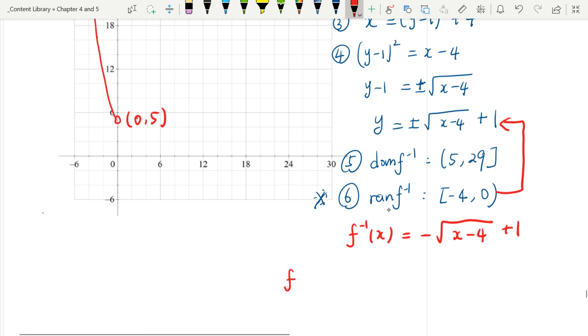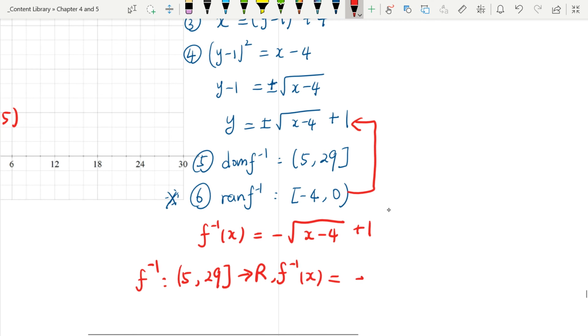So if you put it in function notation, f inverse x, domain is [5, 29], mapping to R, f inverse x is minus square root of (x minus 4) plus 1. I hope when I mark your test, no one forgot the plus minus. Even though it's a plus, you still need to write plus minus and then make the discussion why I take the plus, why I take the minus.